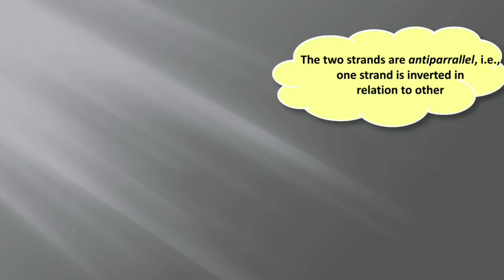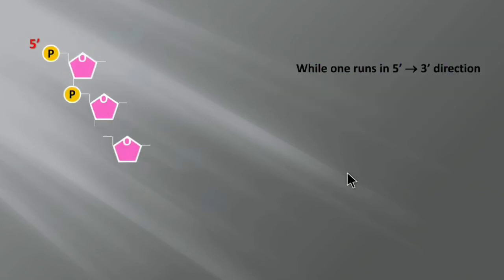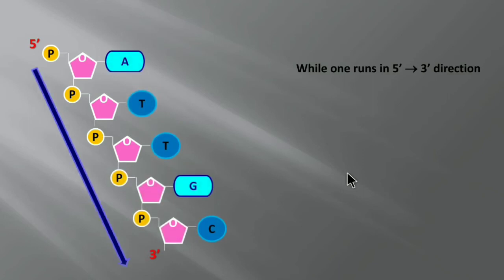That means one strand has 5 prime to 3 prime polarity. Here the phosphate moiety is free at the 5 prime end, and at the 3 prime end you find a free hydroxyl group. The 3 hydroxyl group of the pentose sugar is free, that's why it is called the 3 prime end.